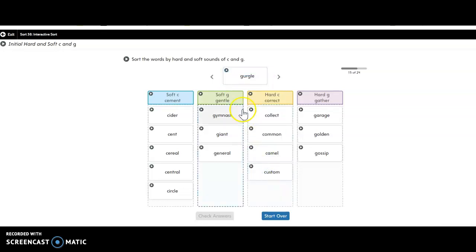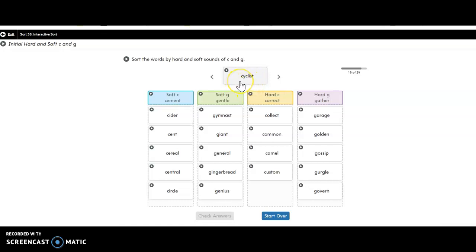Hard C. Ooh, this is a fun word. Gurgle. The stream was gurgling. Gurgle, g, g. Sounds like a hard G to me. Gingerbread. J, j. Genius. J, genius. Govern. G, g. Hard G.